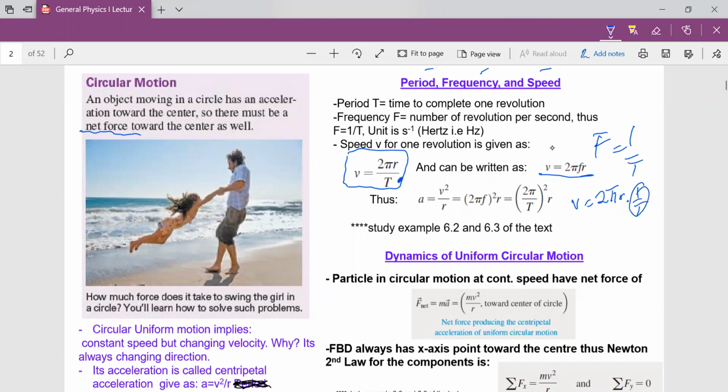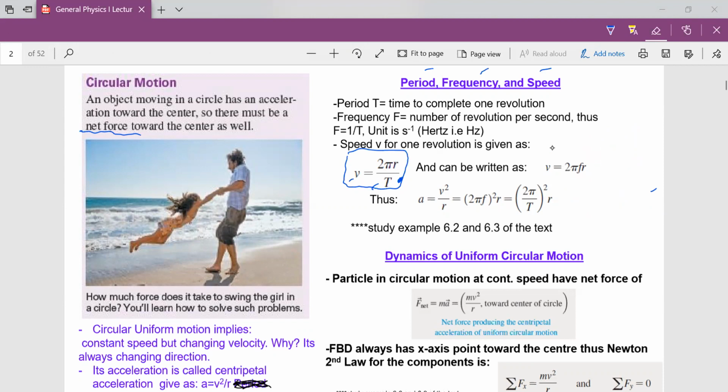So if you replace 1 over T with f, it gives you this equation: v equals 2 pi f r. So this particular equation shows the relationship between v and T and v and f, that is the relationship between velocity, speed, frequency, and period. Okay, so that is how we describe the speed of an object taking a circular path.